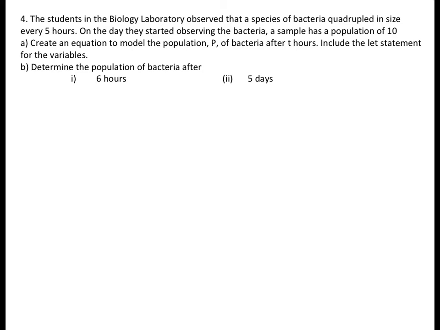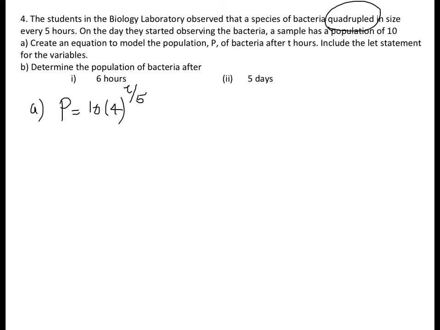Okay, so the first one, I know the population is going to be the initial population, which is 10. Now, the factor mentioned here is quadrupling, which is 4. Every 5 hours, so quadrupling time is 5 hours, so I have to have something like t over 5.